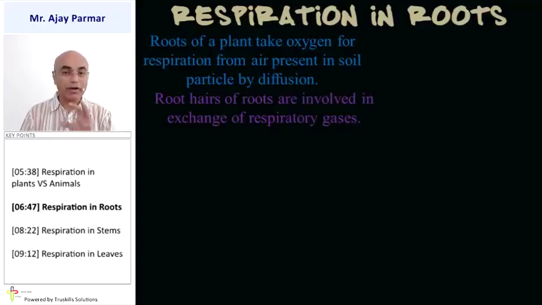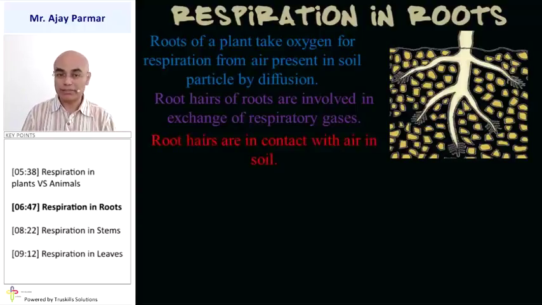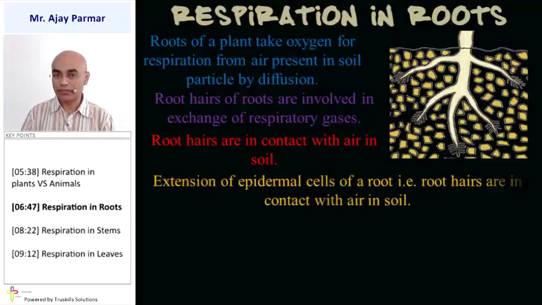The root hairs are involved in this exchange of respiratory gases. So it is this very small structure which is responsible for absorbing oxygen from the soil gases. Root hairs are in direct contact with the air of the soil.